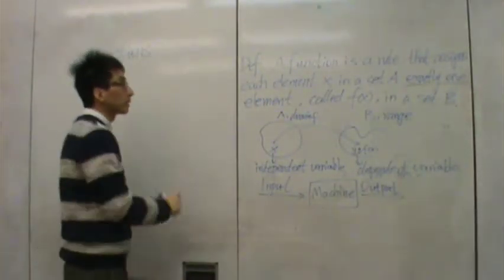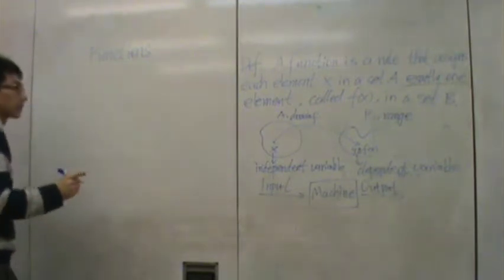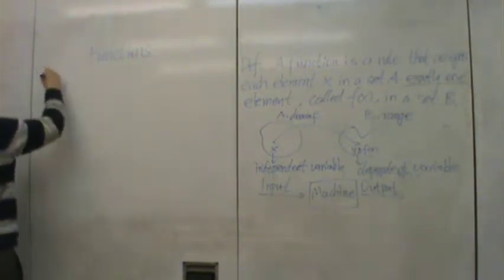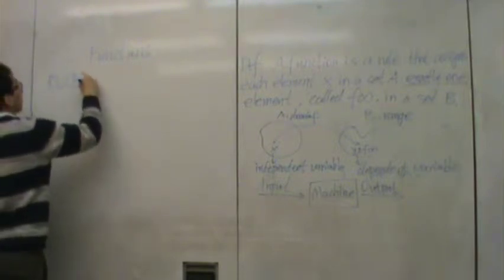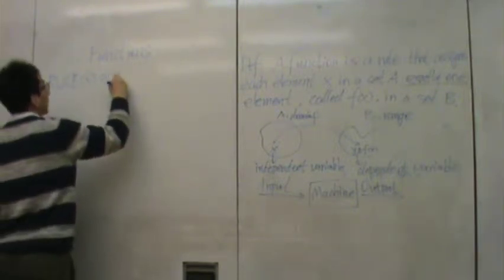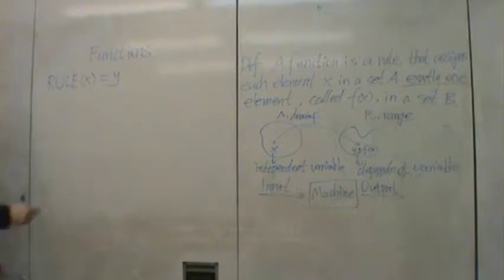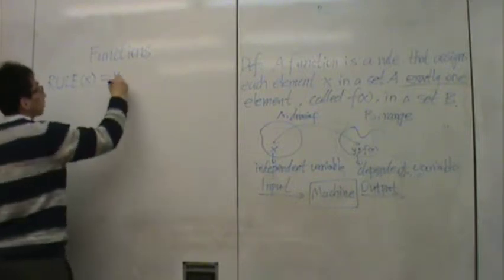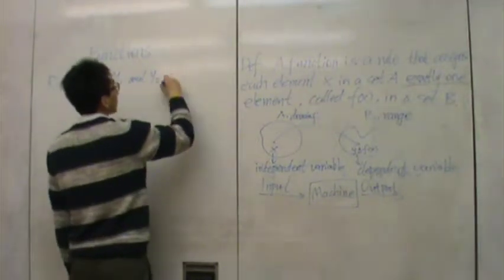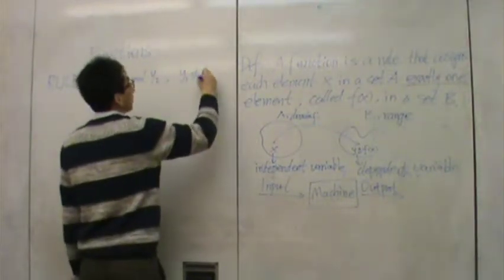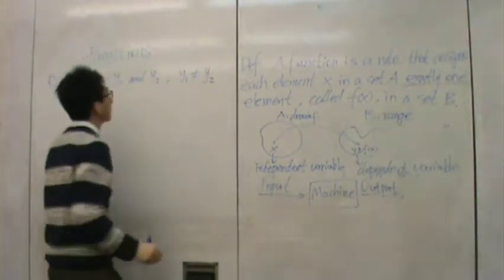I'll explain this condition by the previous example. Rule of x is equal to y. Suppose rule of x is equal to y1 and y2 simultaneously, where y1 is not equal to y2.